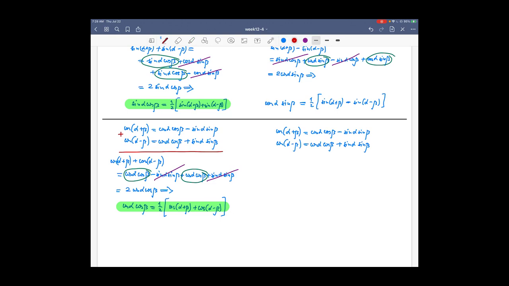Or if we subtract these two things, we get the difference, cosine alpha plus beta minus cosine alpha minus beta equals cosine alpha cosine beta minus sine alpha sine beta plus cosine alpha cosine beta plus sine alpha sine beta.